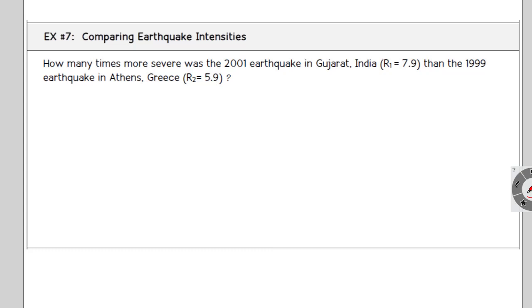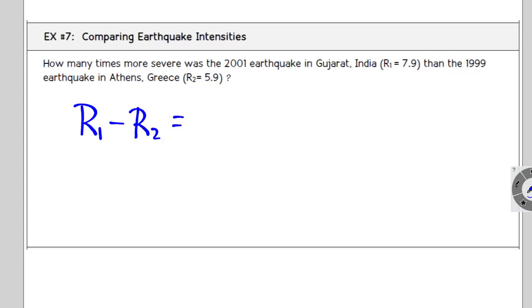Okay, so to solve this, we're just going to look at the difference between R1 and R2.